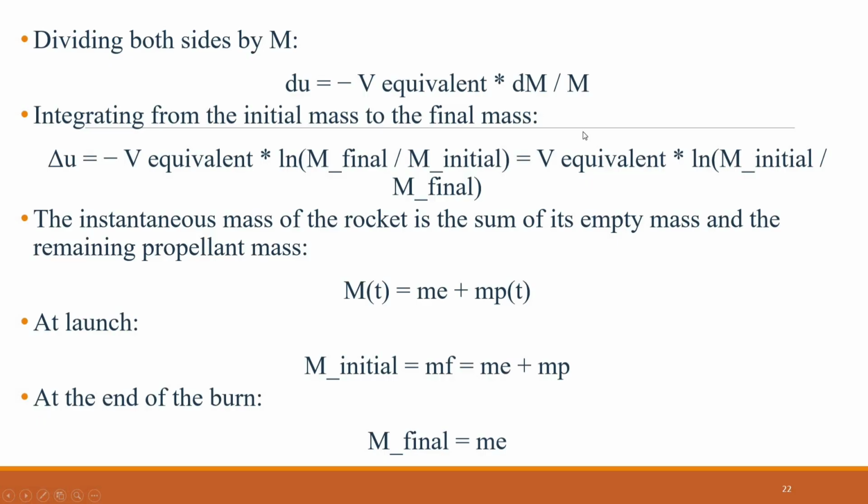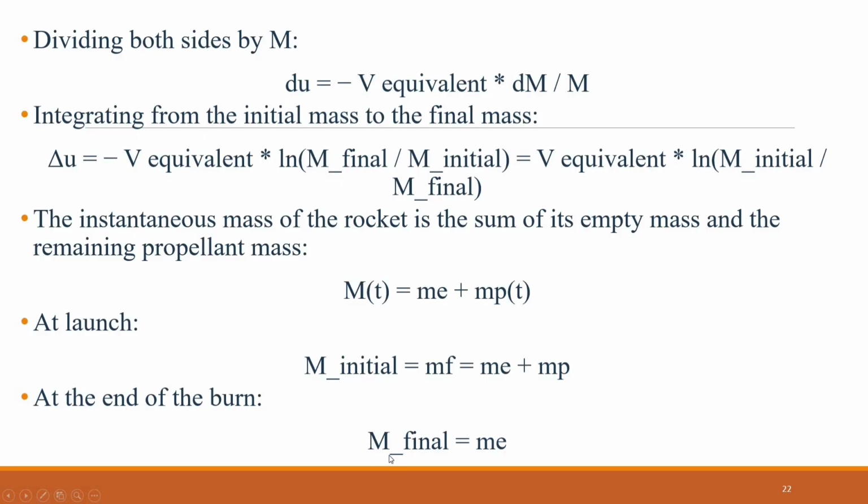Rocket mass definitions. The instantaneous mass of the rocket is the sum of its empty mass and the remaining propellant mass. Rocket mass at time t equals empty mass plus remaining propellant mass at time t. At launch, initial mass equals mass of fuel plus empty mass.